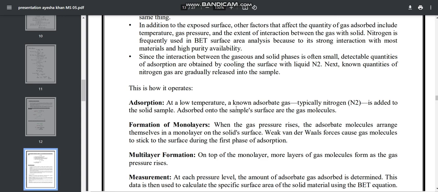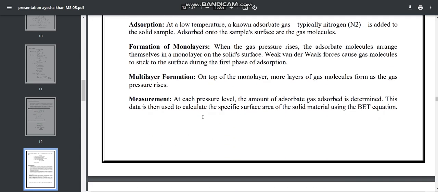The first step is adsorption. At low temperature, a known adsorbate gas, usually nitrogen because it is available in highly pure form, as I already have told, is added to the solid sample and adsorbed onto the sample surface. The next step is formation of the monolayer. When the gas pressure rises, the adsorbate molecules arrange themselves in a monolayer on the solid surface.